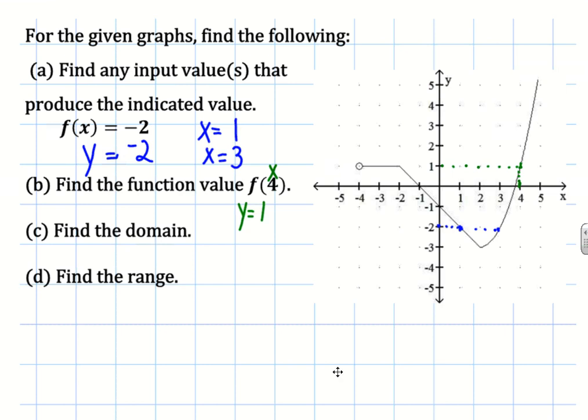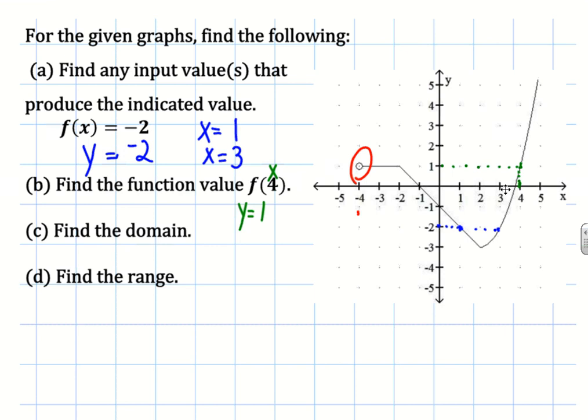Our domain, what is our interval on our x-axis, would go from here at negative 4 over to, and we go to infinity, right? But notice here, we have an open circle.